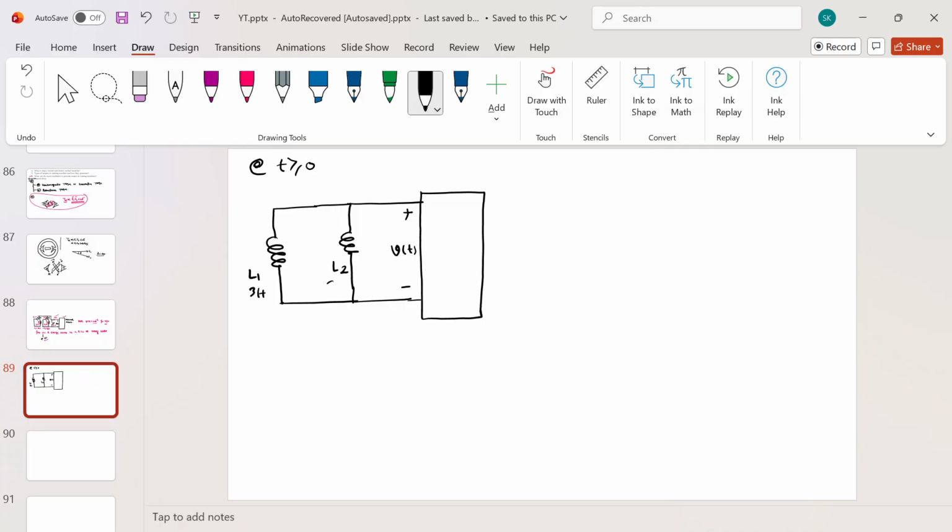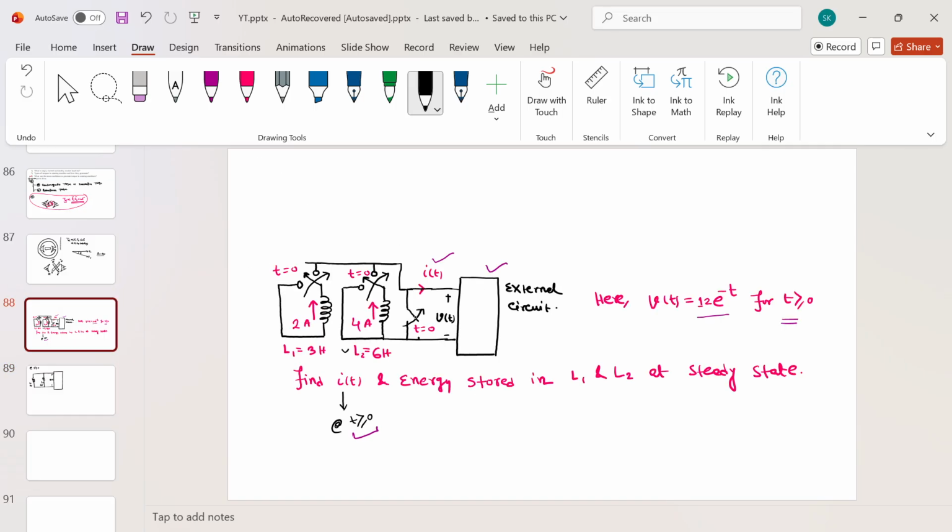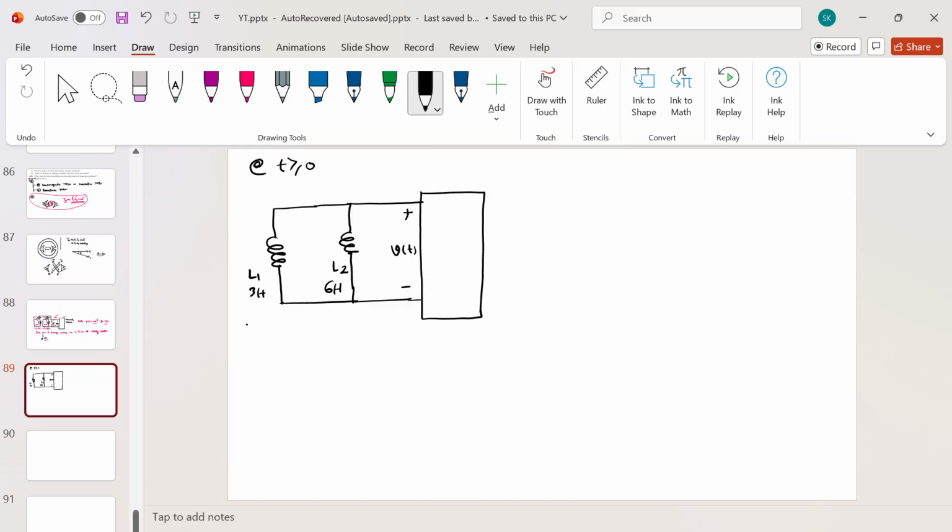There is a switch, basically we are opening the switch, so it doesn't have any kind of effect, so I can just omit it. And the initial currents are 2 ampere and 4 ampere, right? So let's say this current is I1 of t, this current is I2 of t, and this total current is I of t. Okay, and the initial current I1 of 0 is simply 2 ampere, and for inductor 2 it is 4 ampere.